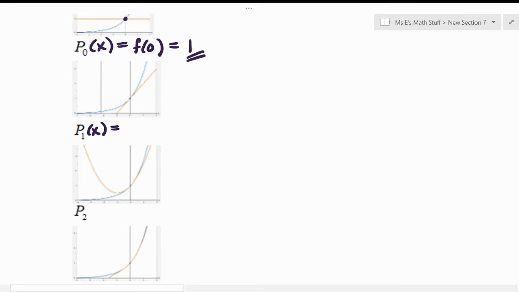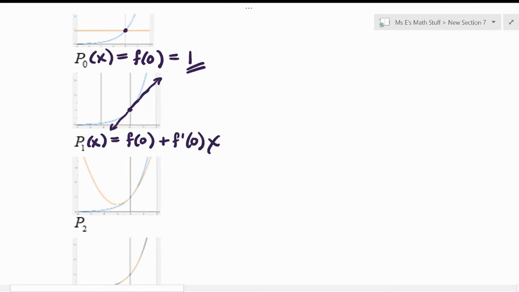We want it to have this y coordinate in common, f of 0, and then we also want it to have the slope in common there. That would be f prime of 0 for the slope, and then times x, since you've got a line graph there.